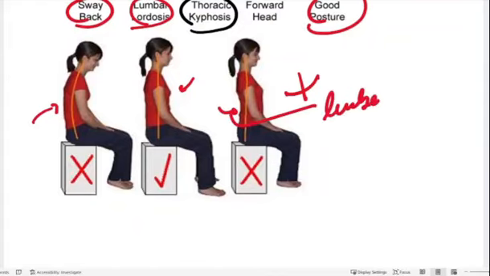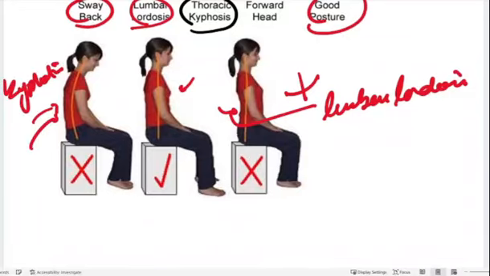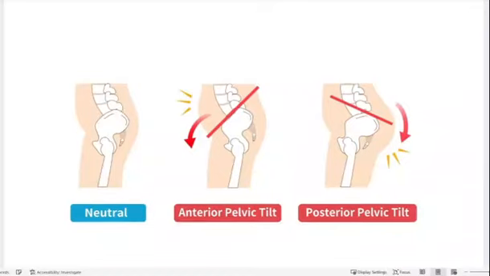Here the back is straight, it's upright, the shoulders are upright, and this is the right posture. And this one again is a lot of bending. You're going into kyphosis, and you're also taking your head in the forward position. So that is your wrong posture. That's just the analysis in the sitting position.